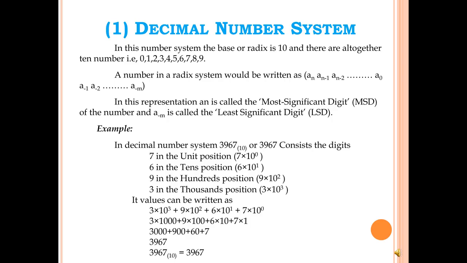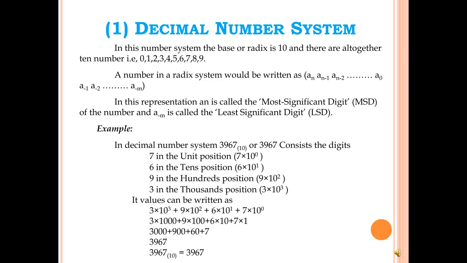When we calculate it, we get 3 multiplied by 1000 plus 9 multiplied by 100, 6 multiplied by 10, and 7 multiplied by 1. Now, the question might come to your mind: we have seen that 10 to the power 1 came as 10, 10 to the power 2 comes as 100, and 10 to the power 3 comes as 1000.